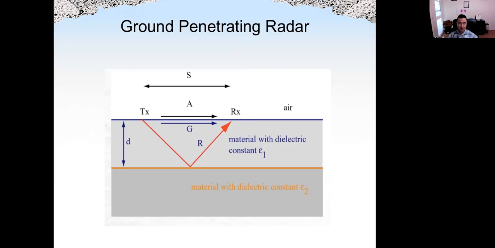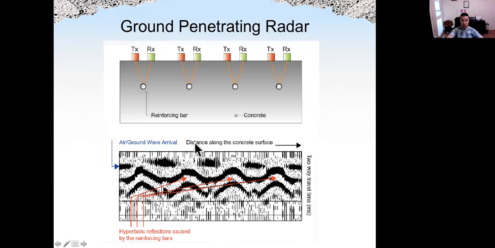The machine will send EM waves. If the material inside has two materials with two different dielectric constants, then the wave will be reflected back and detected by the receiver. And here shows how to use GPR to detect reinforcement.